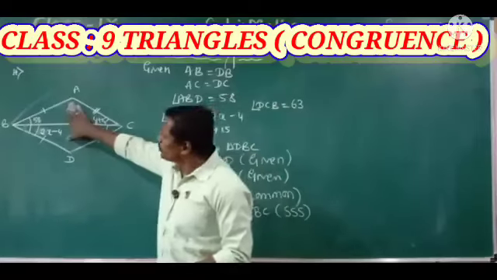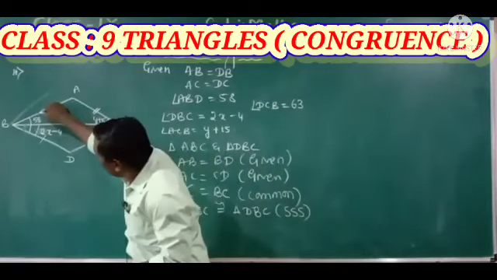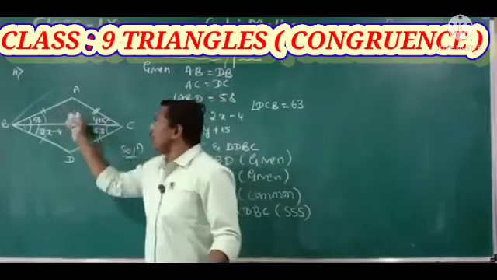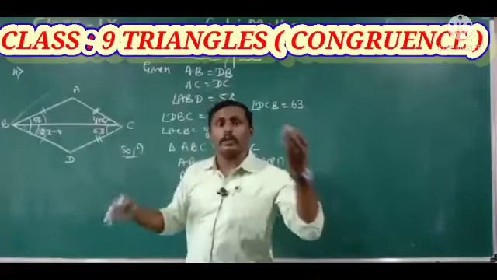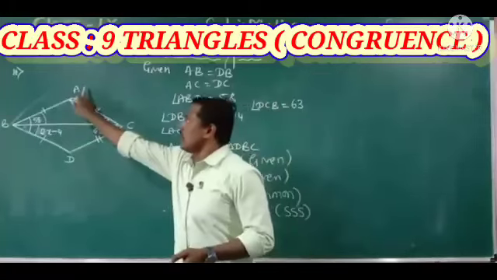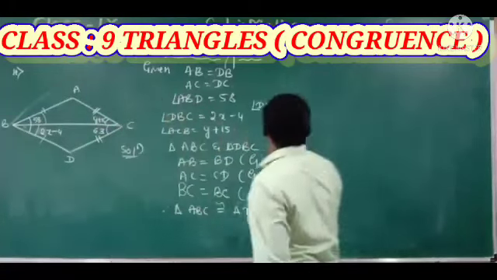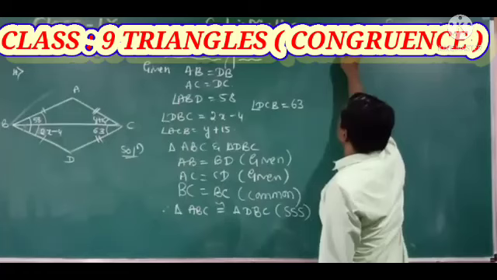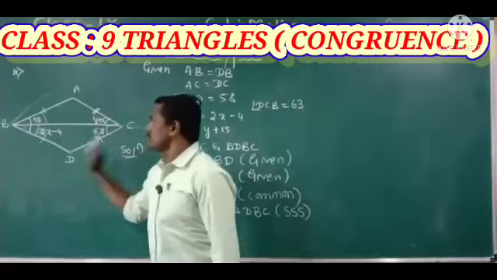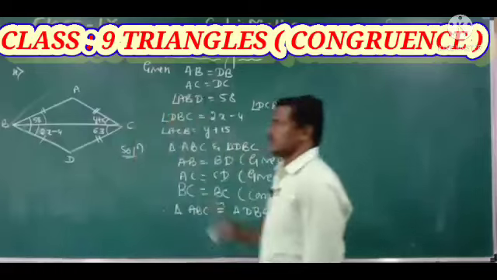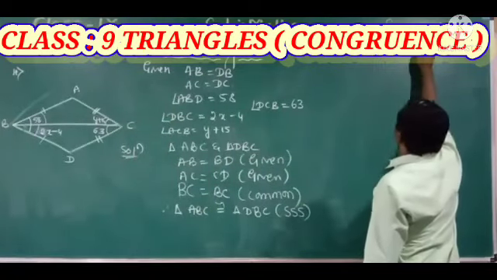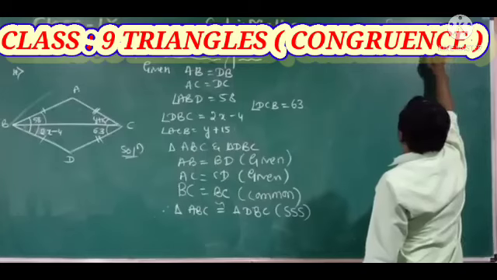If these two triangles are equal, it means their corresponding angles and remaining sides are equal. We have already taken that the 3 sides are equal, so all the remaining angles are also equal. So angle ABC is equal to angle DBC by using CPCT, right?